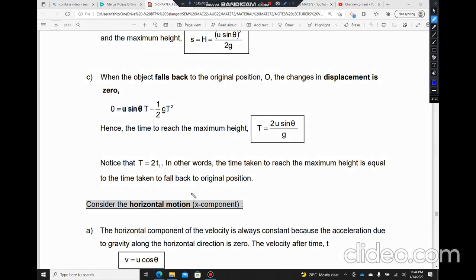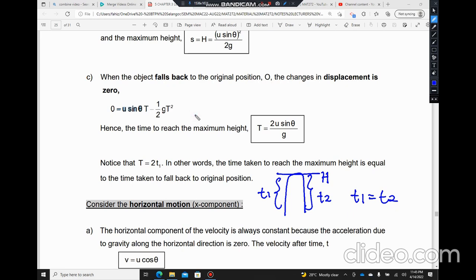Means macam ni lah, maknanya kalau dia capai ni maximum height, so masa kat sini T1, kalau kat sini jatuh T2, means T1 equals to T2 untuk Y component.